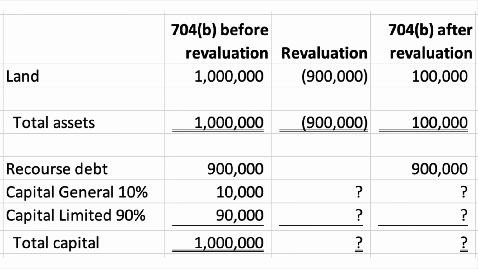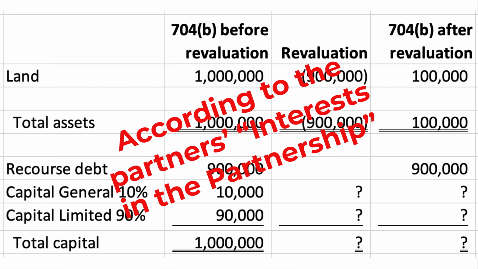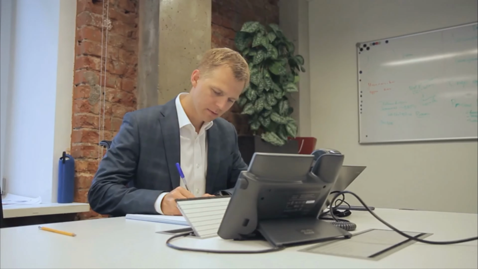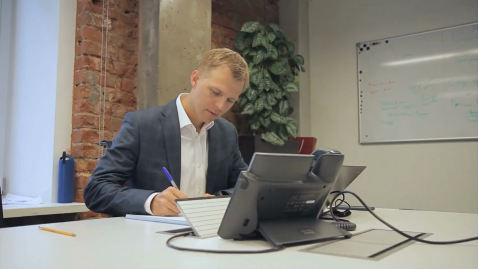Well, we go back to the very beginning of the substantial economic effect regulations, which tell us that if the partnership or LLC agreement doesn't have substantial economic effect or is silent on how profits and losses are to be allocated, then profits and losses will be allocated according to the partners' interests in the partnership. And it is that ambiguity that we are trying to avoid. So a good attorney drafting the agreement will make sure that doesn't happen.